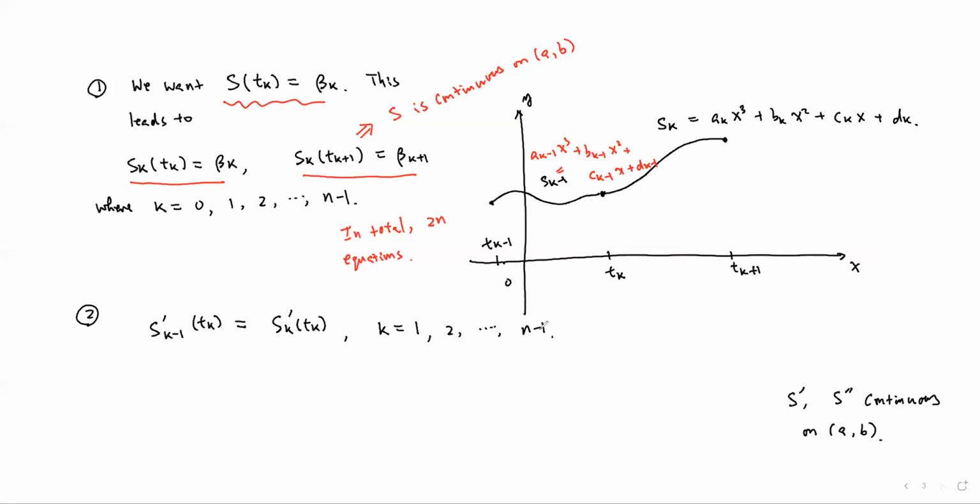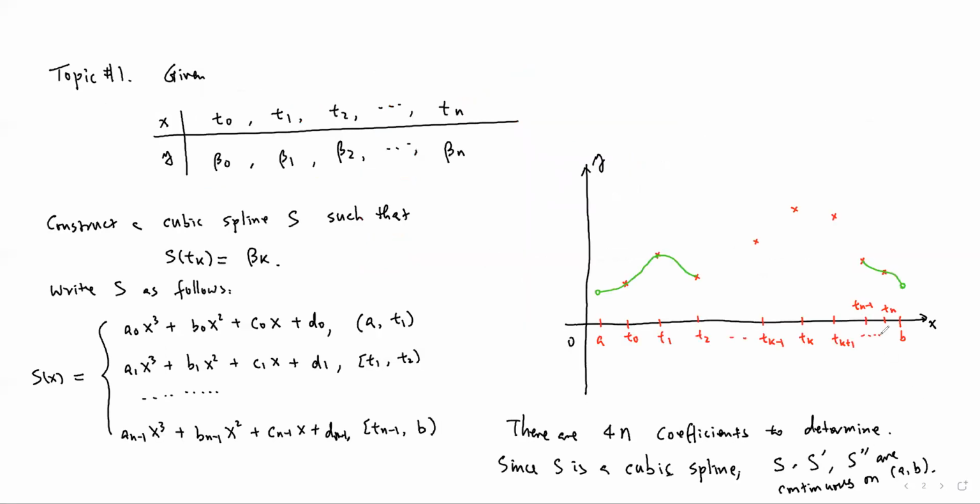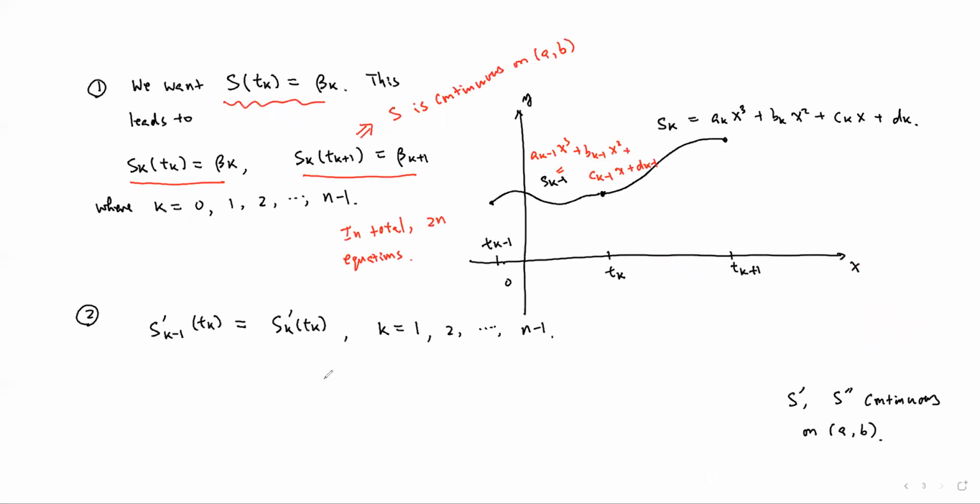When k is n minus 1, t_k is t_(n-1). At this point the first derivative is continuous. Actually, t_1, t_2 to t_(n-1), we call them interior knots. Here we have n minus 1 equations.